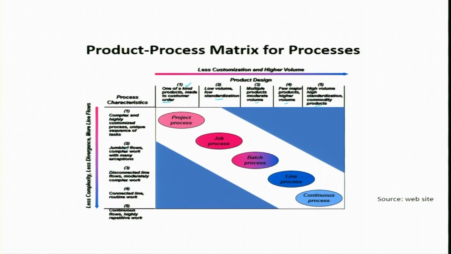If we look at this side, what are the process characteristics? This is the product characteristics. Let us see what type of processes are required for this. In case of projects, it is a complex and highly customized process, and the sequence and coordination of the activities is the desirable thing.